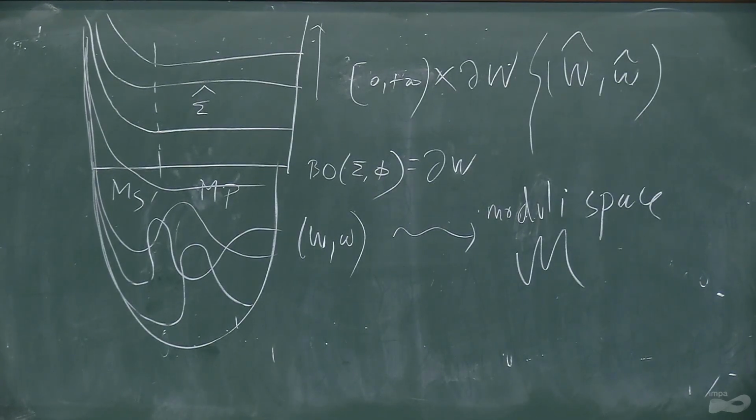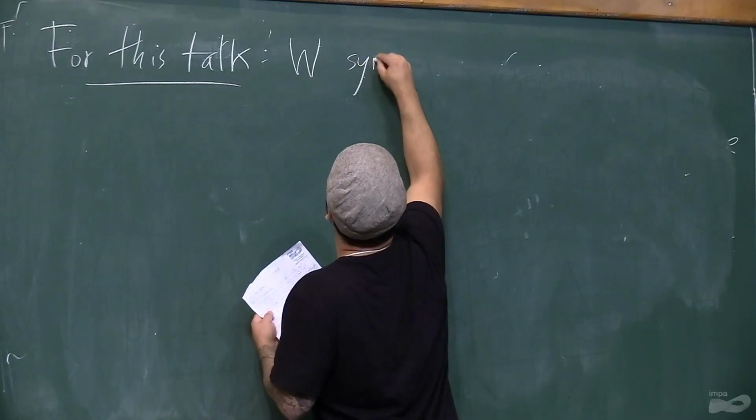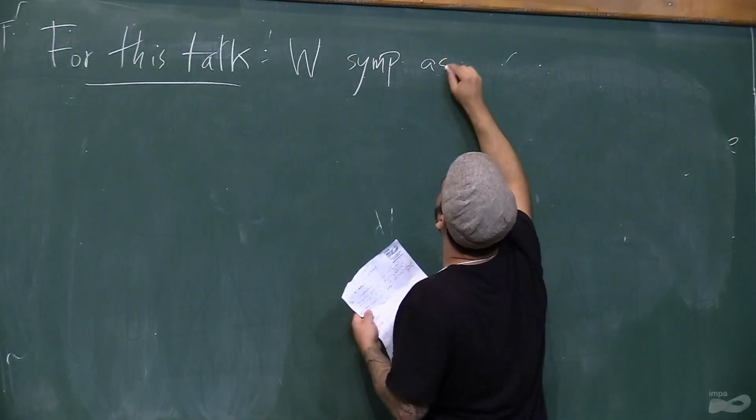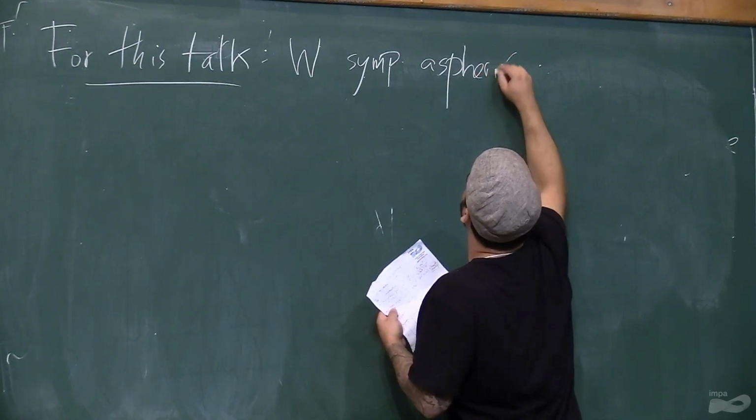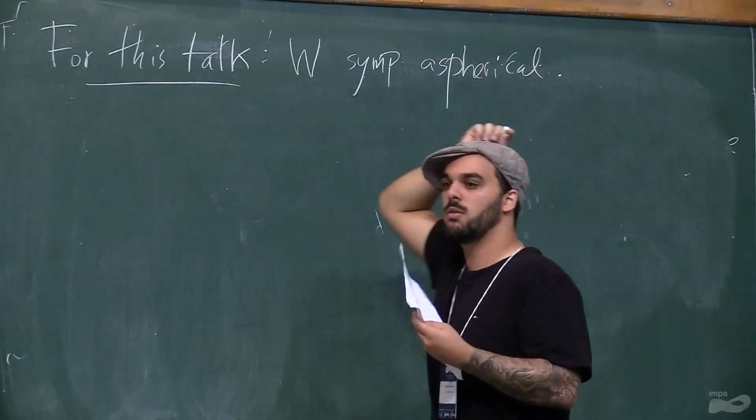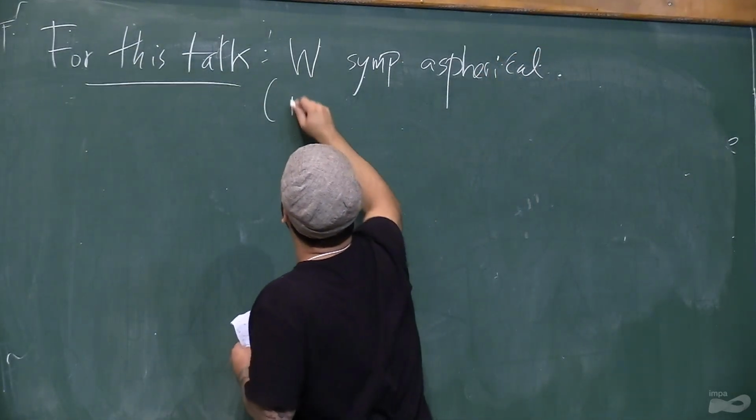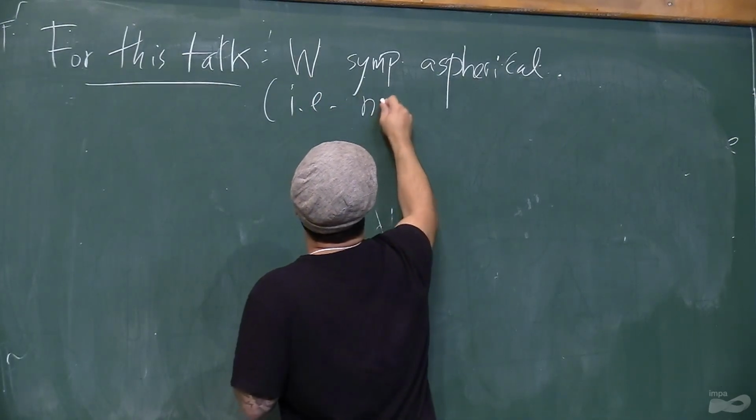For the purposes of this talk, I will simplify my life, and I will assume the following: that W is symplectically spherical. In other words, there are no bubbles in the moduli space M.